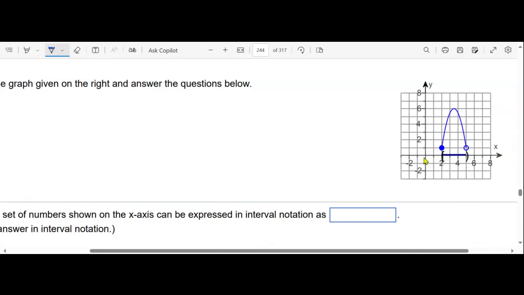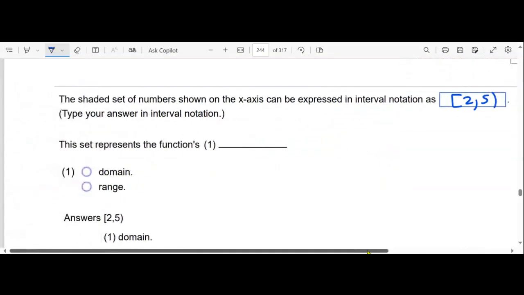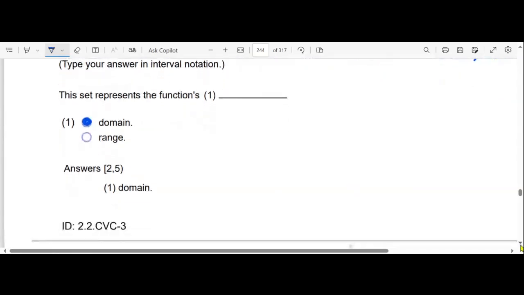Here, that's the x-axis. What's the interval notation? Closed to open 5. That's correct. Is this clear? This set represents the function's domain, correct. Any questions? No.